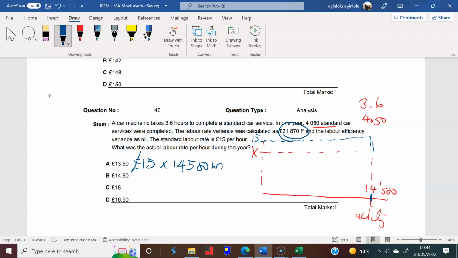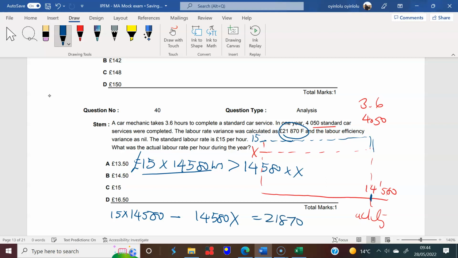So this expected amount is greater than what they actually spent, which was 14,580 times X, the actual rate per hour, by 21,870. So in effect, 15 times 14,580 minus 14,580x is equal to 21,870.